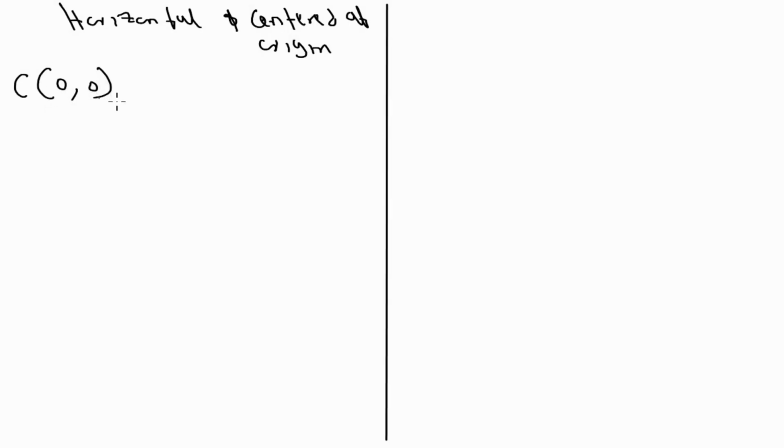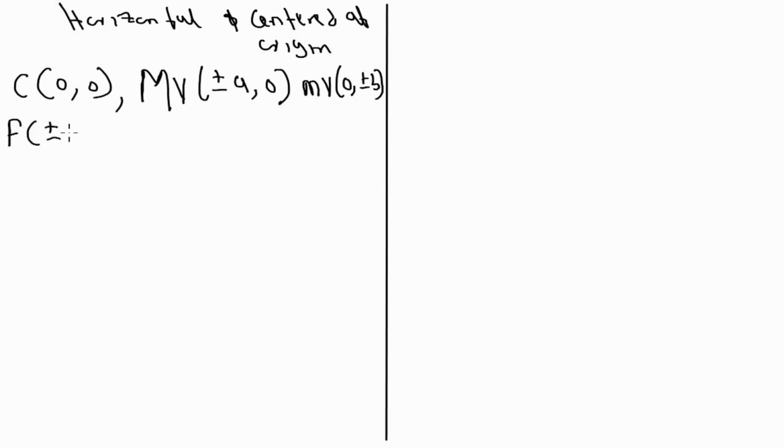If it's horizontal, the major vertices, I will write capital letter M, V, will be plus or minus a, 0. And minor vertices, I will write as lowercase m, V, and that will be 0, plus or minus b. Am I communicating? Now, the coordinates of the foci, F, will be plus or minus c, 0.